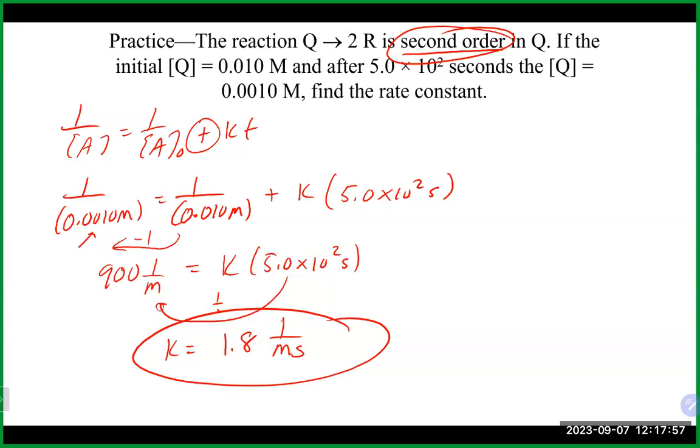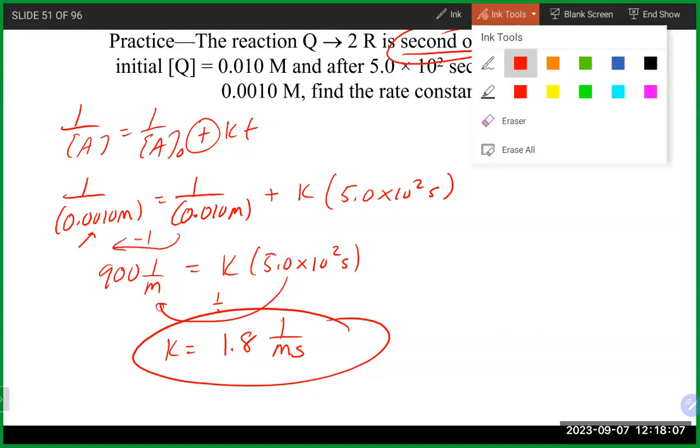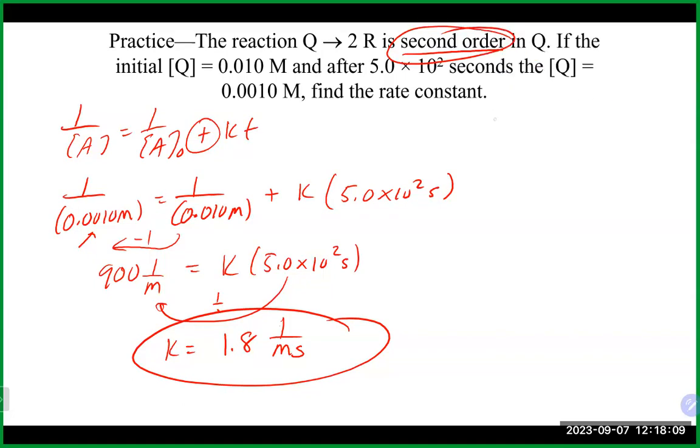Okay, so I'm going to say you shouldn't. If you're going to punch this into your calculator, the way I would do it, I would take 1 and then divide it by 0.001.